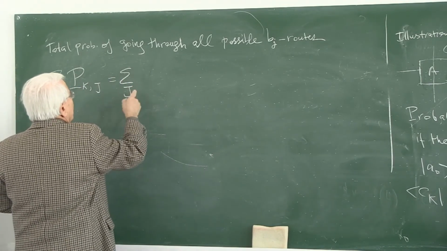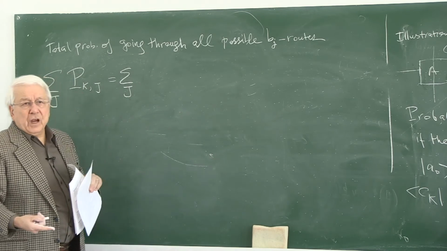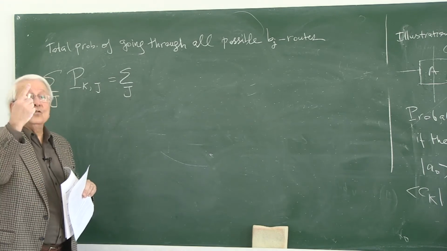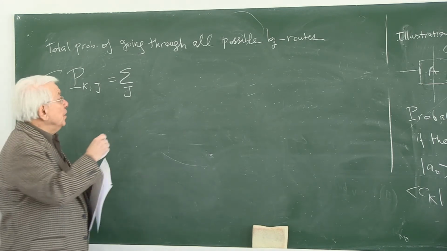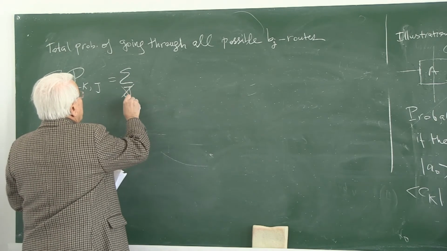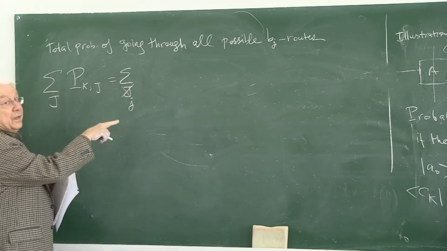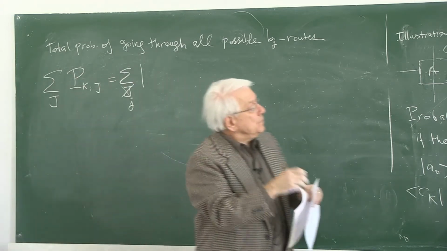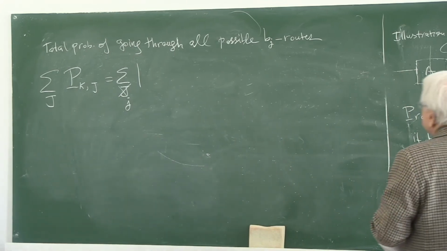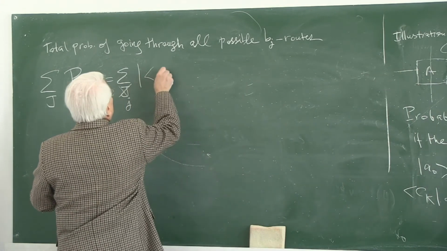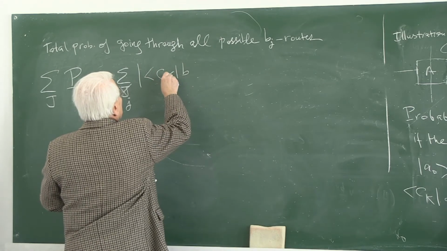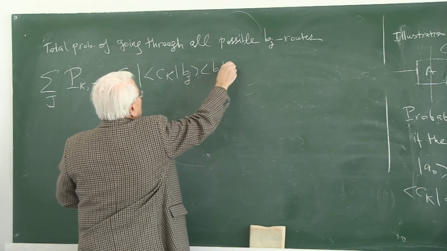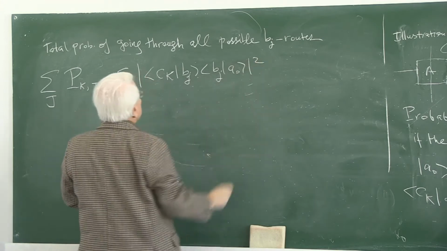I write the capital J first, and I will then change it to little j, because little j is an index scanning through the entire spectrum. Capital J is a selected one, so change it to j. That is a more proper language to use. So what is it then? |<c_k|B_j><B_j|A0>|^2.